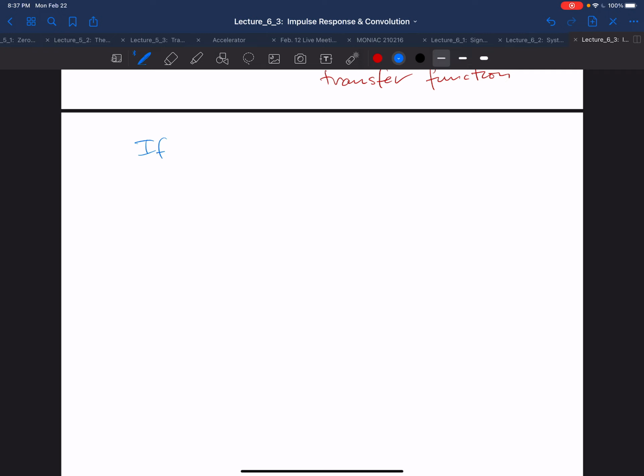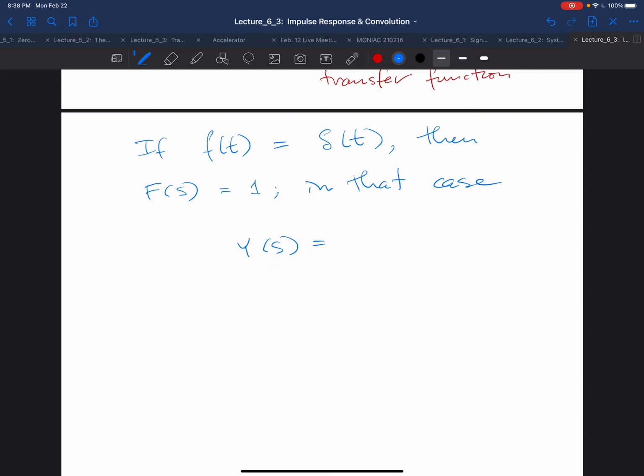So we know that if f(t) is the unit impulse function, then this factor F(s) on the right-hand side is simply equal to 1. So in that case, we see that Y(s), the response to this unit impulse, is this transfer function H(s) times 1. So in other words, it's simply H(s).